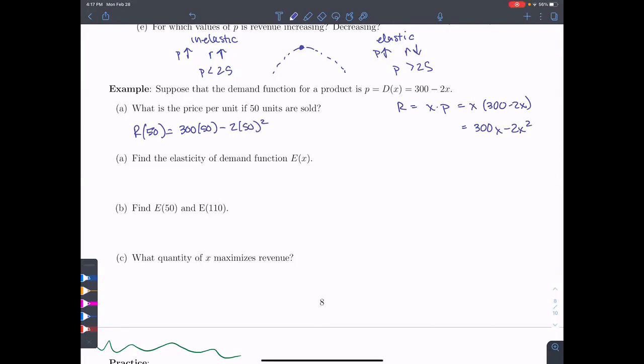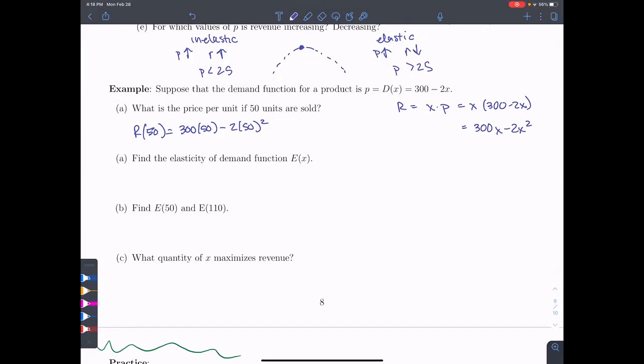I need a calculator. 300 times 50 minus 2 times 50 squared.